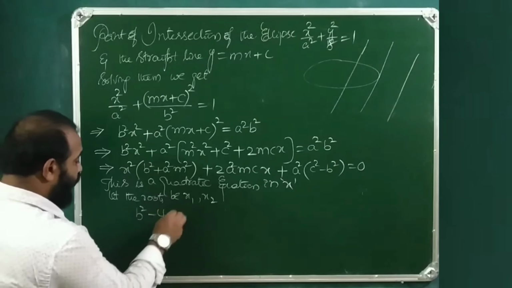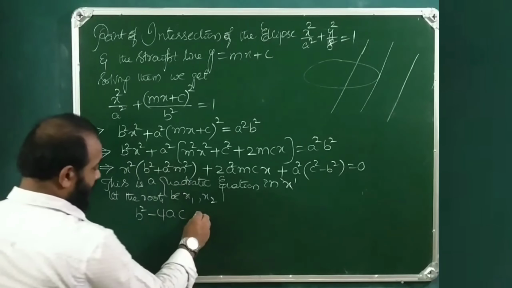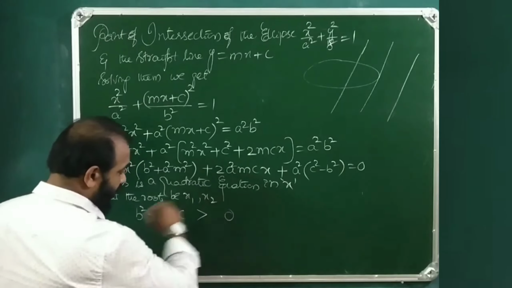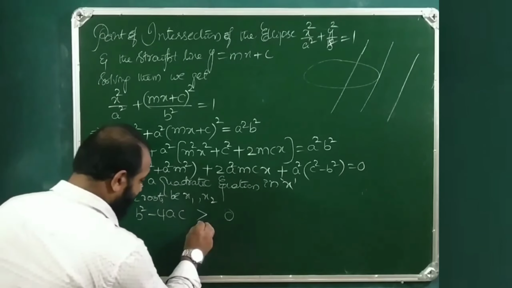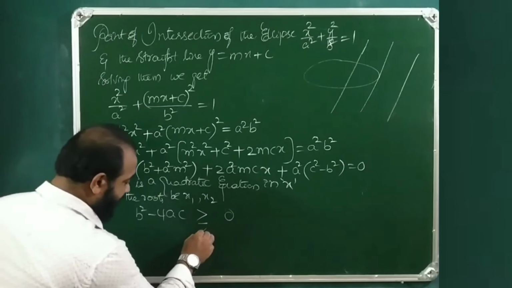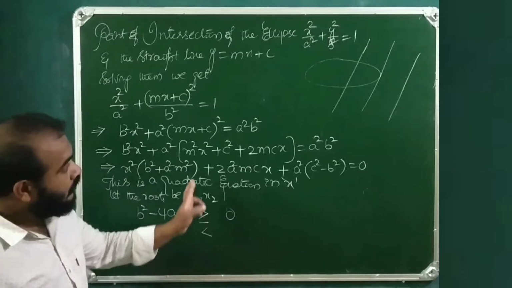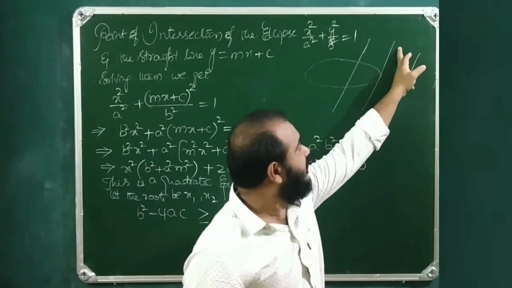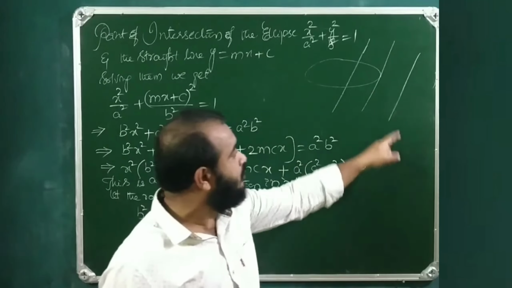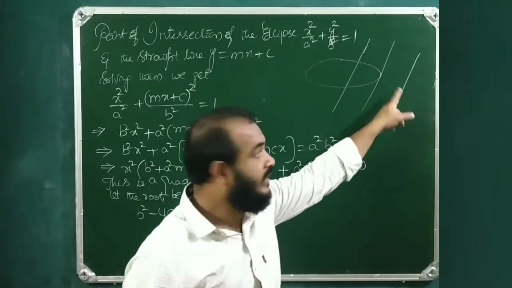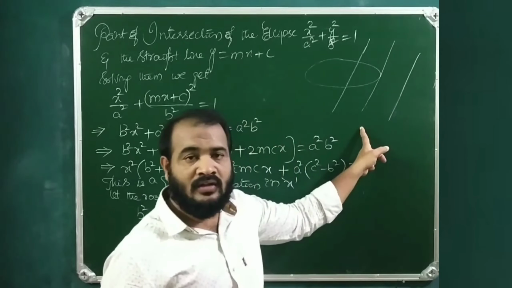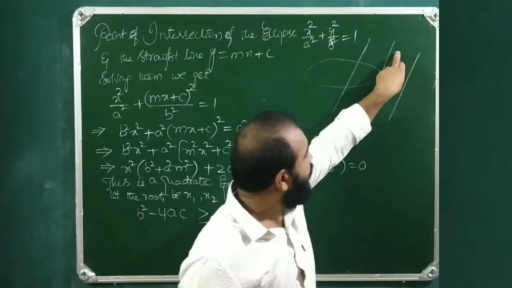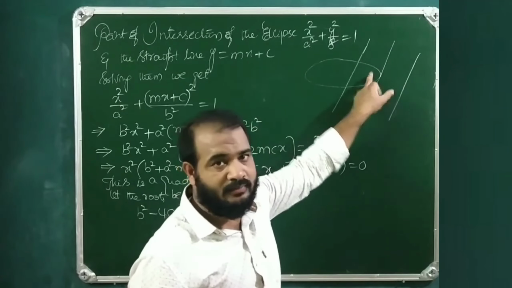B square minus 4ac greater than 0, or equal to 0, or less than 0. If the straight line intersects the ellipse at only one point, then that line is said to be what? A tangent to the ellipse. Therefore, this straight line will be touching the ellipse.